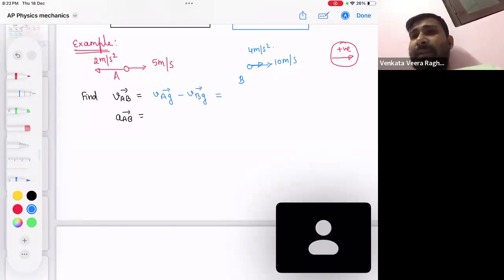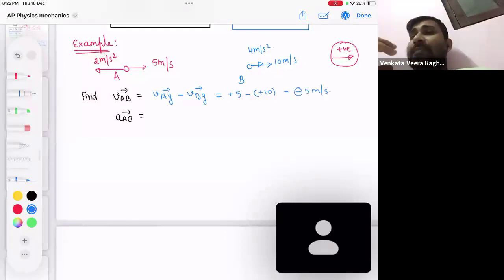What is the velocity of A with respect to ground? Plus 5, minus, what is the velocity of B with respect to ground? Plus 10. So how much is that coming? Minus 5 meter per second.